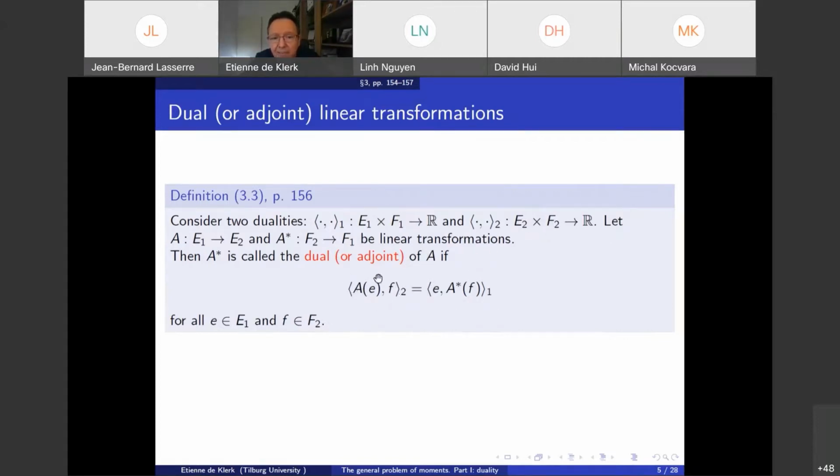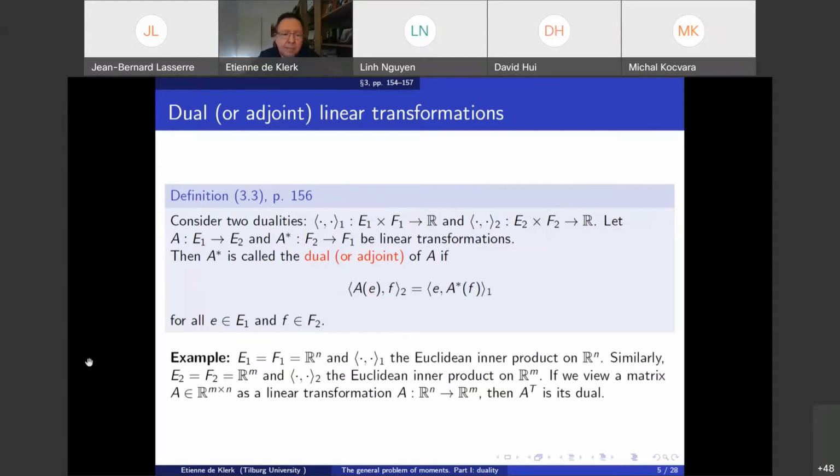So at least it makes sense. We can evaluate this, this is a real number, and similarly we evaluate this. And if it's the same for all possible vectors from these two spaces, we say A star is the dual operator or the adjoint operator of the linear operator A. Okay, so again, this is a generalization of something that everybody knows, namely the more familiar adjoint that's associated with an inner product.